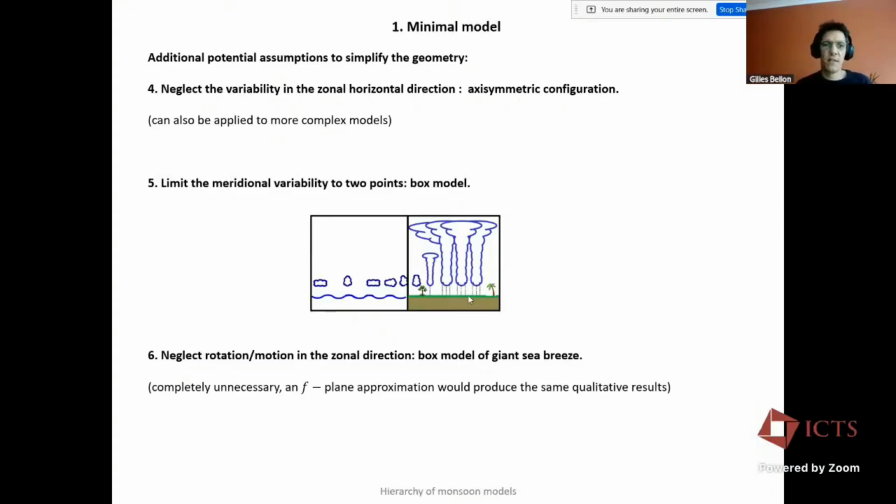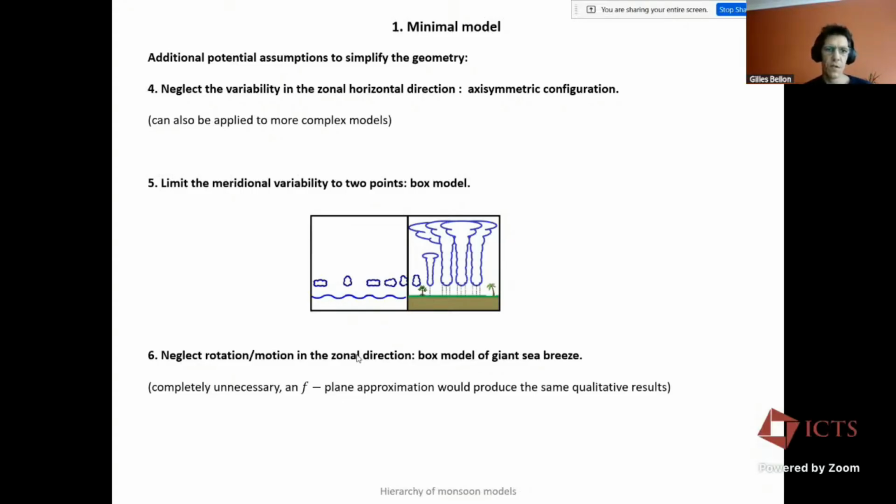And then you get a model that's essentially looking at a giant sea breeze without imposing too much of a horizontal scale, etc. Oh yeah, by the way, this last assumption or simplification is actually not completely necessary, even if it's been done very regularly.